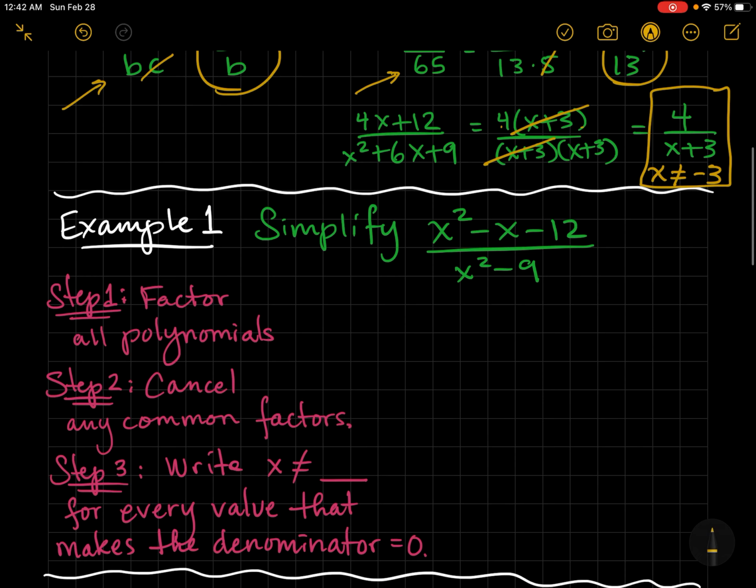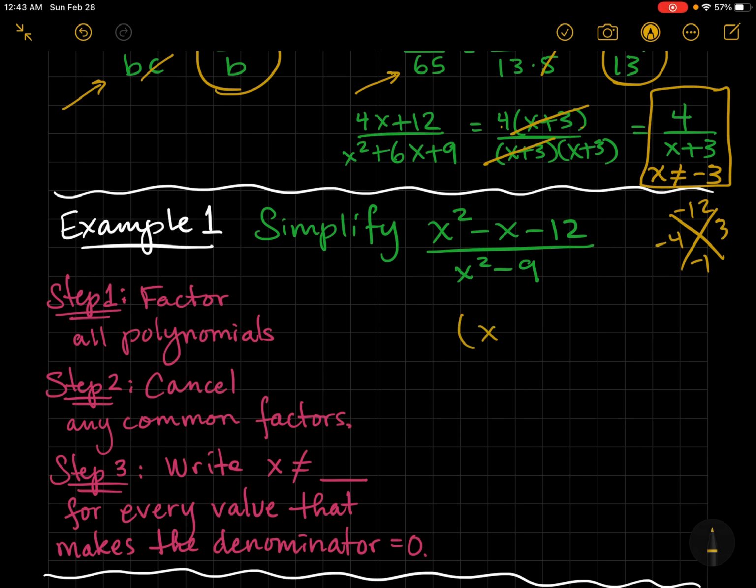For example 1, let's simplify x squared minus x minus 12 all over x squared minus 9. I've given you a few easy to follow steps. You want to start by factoring the numerator and the denominator. So if we look here, we'll try to factor with a diamond.